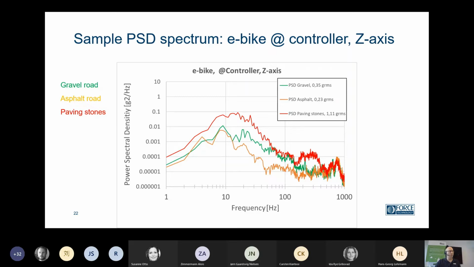You can also see that the shape is basically the same for these, because even though they have different roads, they are very much influenced probably by the flexibility in the tires and in the handlebar itself. So you will typically see on the same measuring point the same overall shape of the spectrum, but of course different levels depending on which road you are driving on.